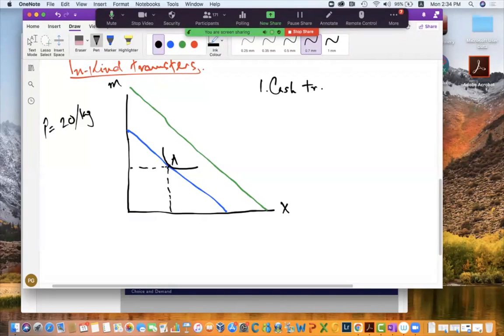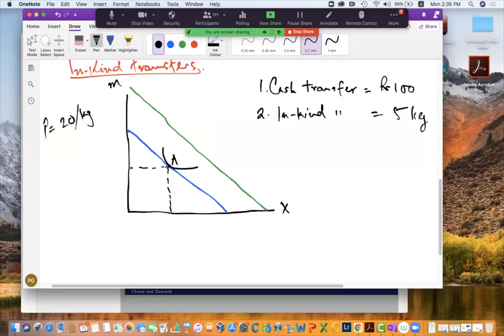So the government gives a cash transfer of, let's say, 100 rupees. That's one policy, and that'll create this green budget line. But suppose instead of a cash transfer, the government gives an in-kind transfer of 5 kgs of rice. The value of that is also 100 rupees, right?